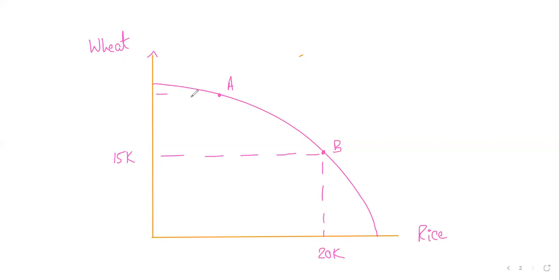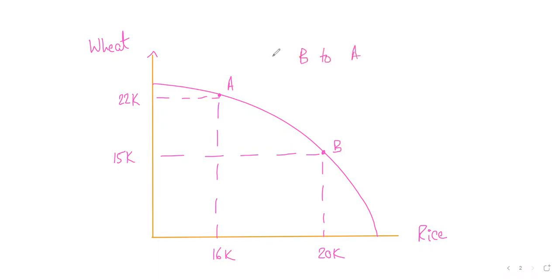And now at point A, you are making 22,000 units of wheat and 16,000 units of rice. So this is a slightly different example.